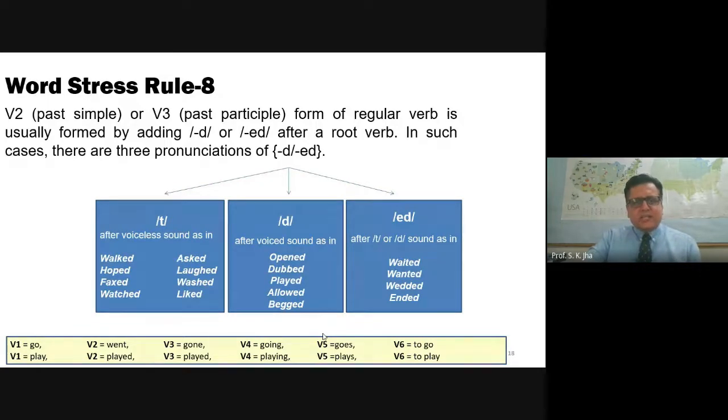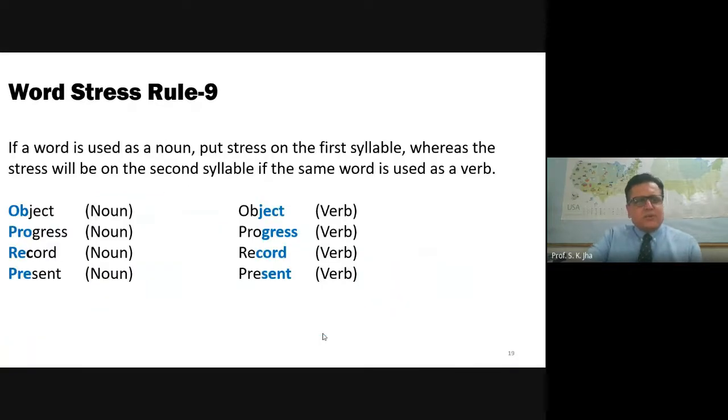Well, with this, I'll move to the next rule, because I promised you that I'll talk about 9 rules. In fact, there are about 25 rules, but given the time constraint, I will not cover all of them. So rule number 9 says that if a word is used as a noun, put stress on the first syllable, whereas the stress will be on the second syllable if the same word is used as a verb.